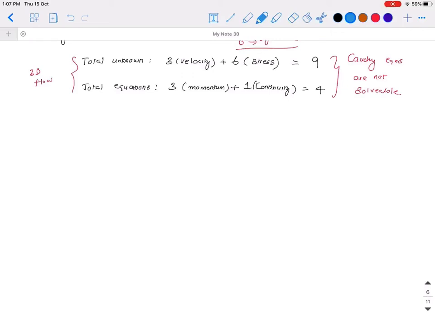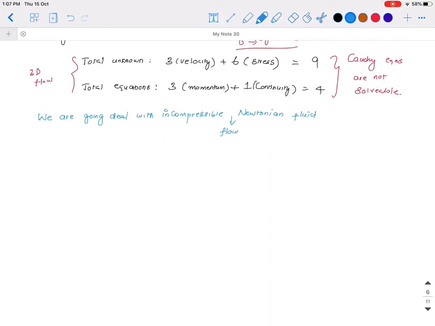But from now I'm going to assume that we are going to deal with incompressible Newtonian flow. Incompressible flow of a Newtonian fluid.